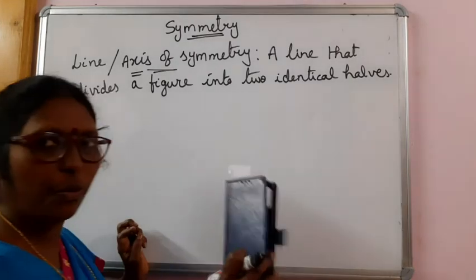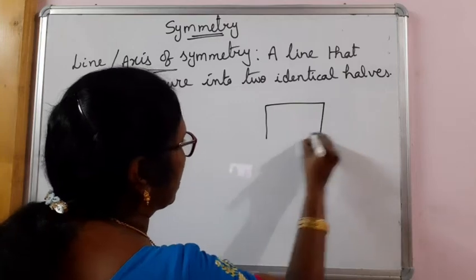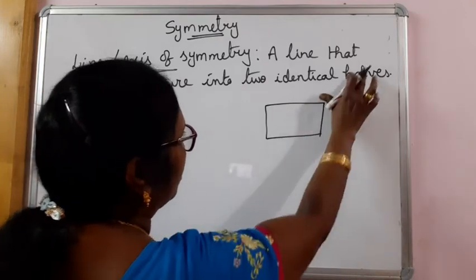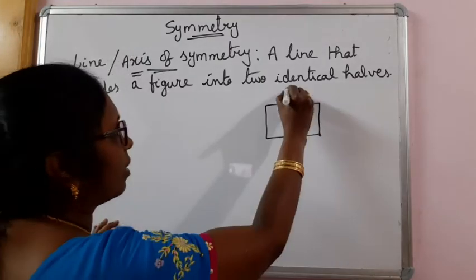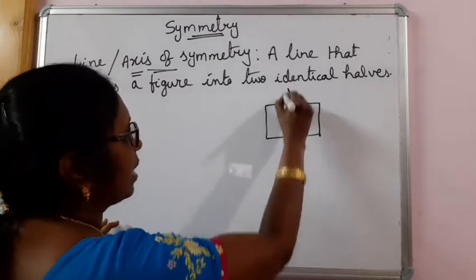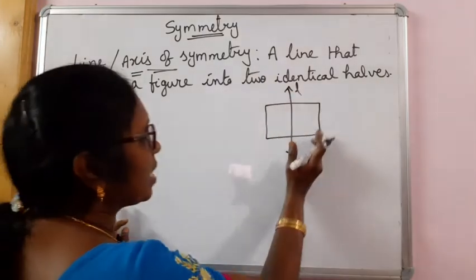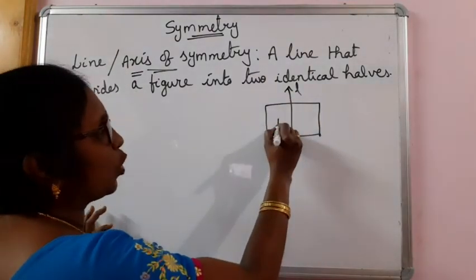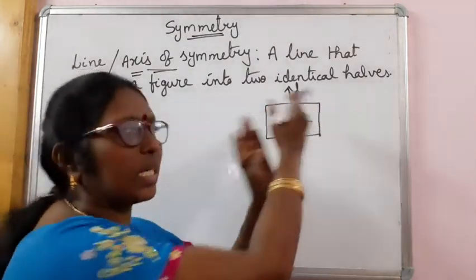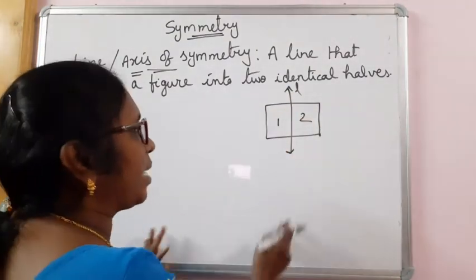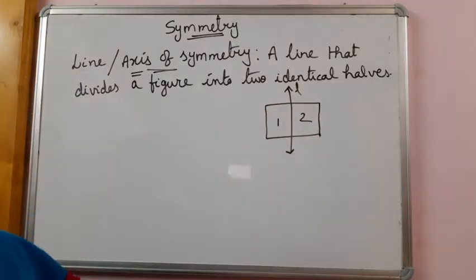I have shown the phone cover. Same way, let me show you. This is a rectangle. This is the line of symmetry. This line divides this rectangle into two identical halves. This is one half, this is another half. And these two are mirror images of each other.